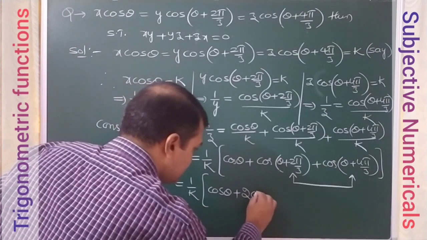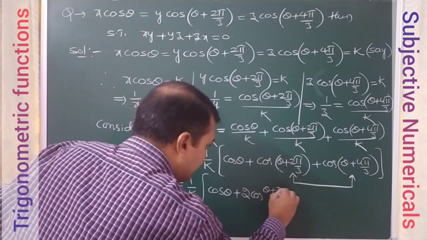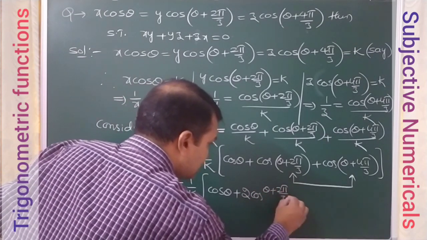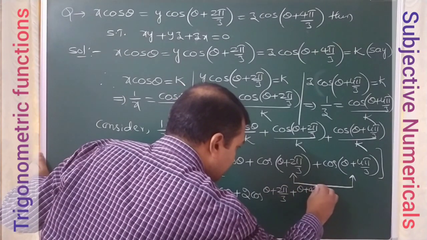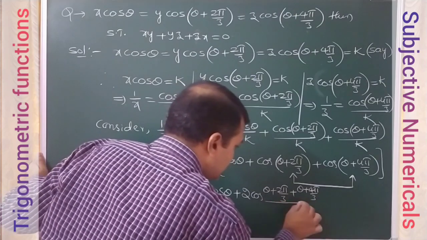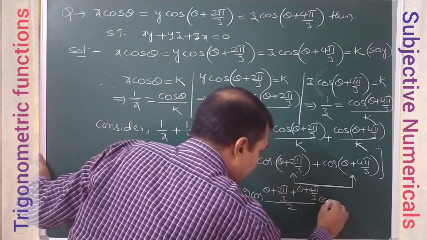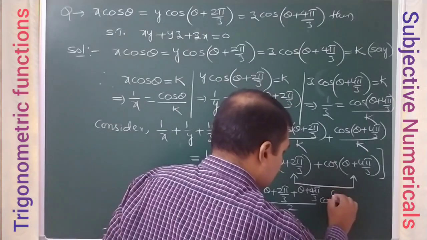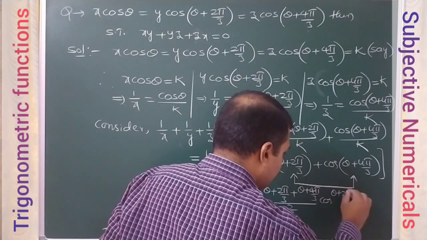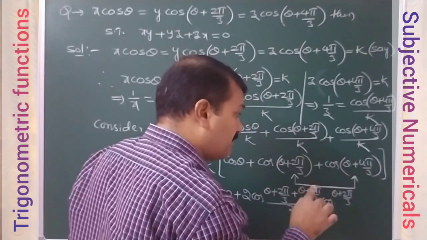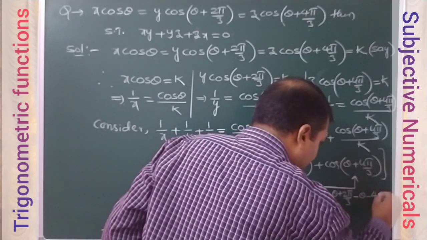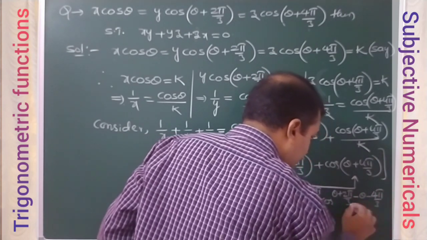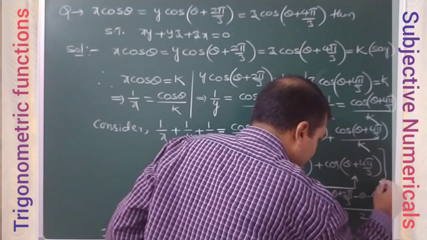So 2 cos of c plus d by 2. c means theta plus 2 pi by 3 plus theta plus 4 pi by 3, so this is c plus d by 2, into cos of c minus d by 2, that is theta plus 2 pi by 3 minus theta minus 4 pi by 3, by 2.